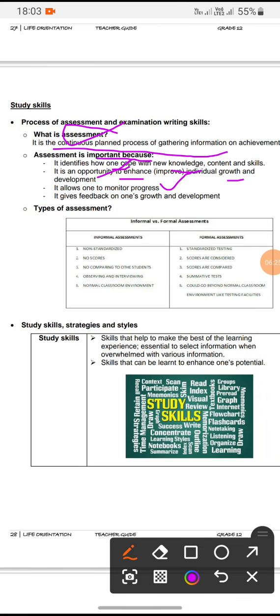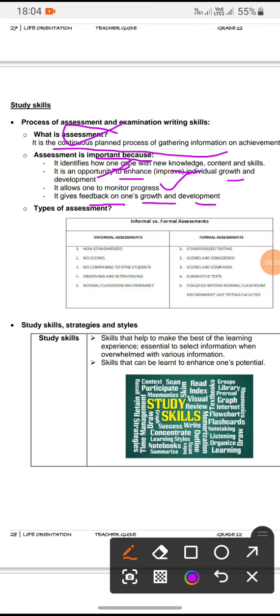You see that, okay, I'm improving. They're talking about every assessment from January to November. It also gives you feedback. So that's the importance of assessments.